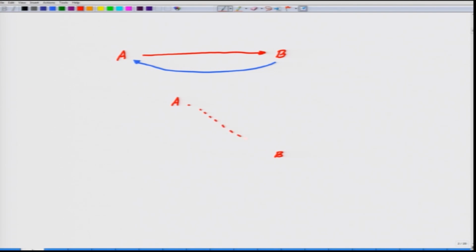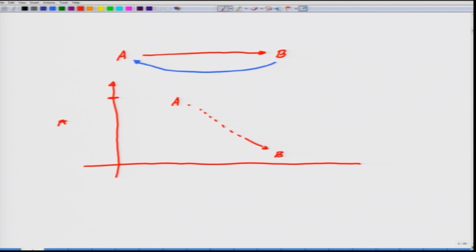So, if I map it on an axis, this has to sit at a higher potential as compared to where B is sitting. This is A, this is B, right? And this is the path of charge flowing down.